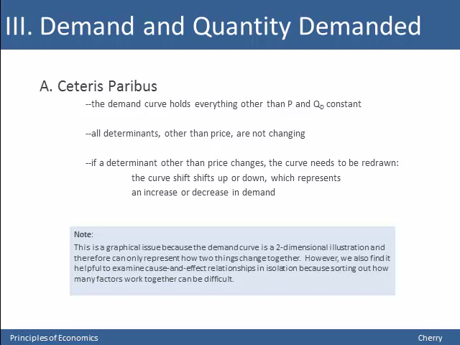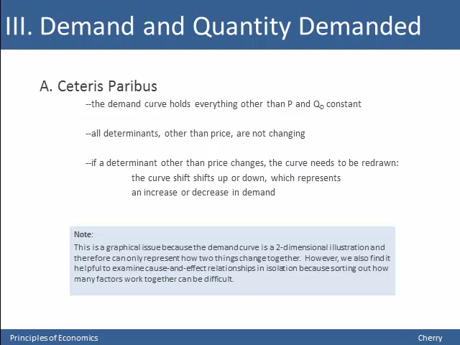So if something other than price changes, we have to draw a new demand curve. And that can be a demand curve that moves to the right or a demand curve that moves to the left. So this gets at why price was related to quantity demanded, because you can move up and down the curve, whereas all the other determinants were related to demand, because then you have to move the curve. You have to draw a whole new curve.